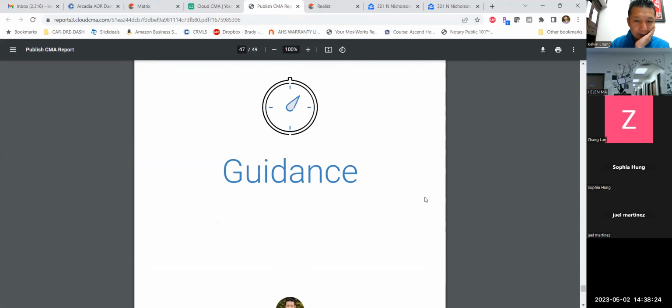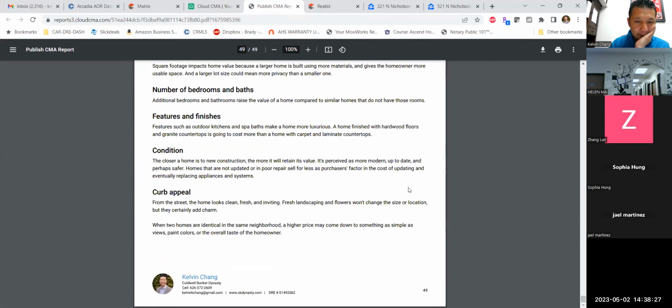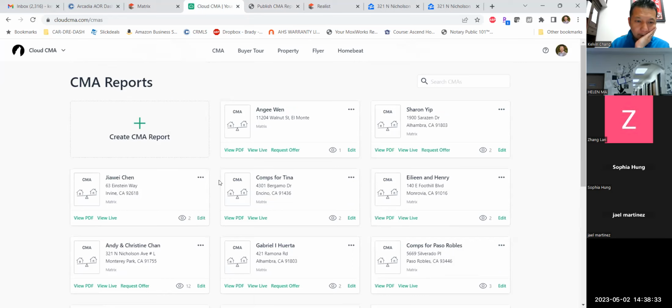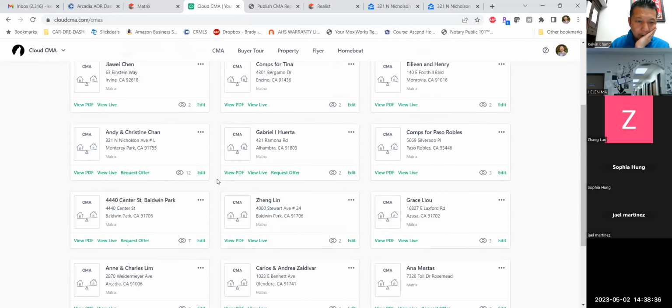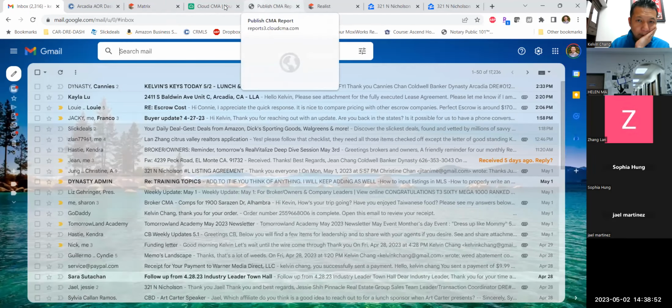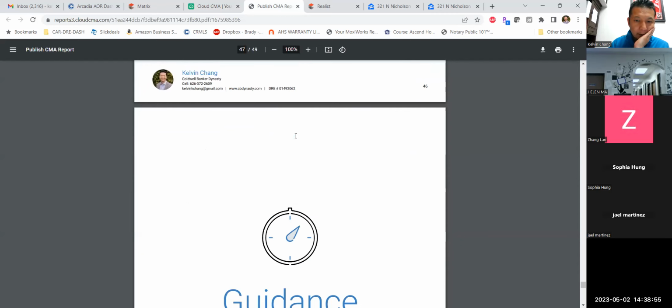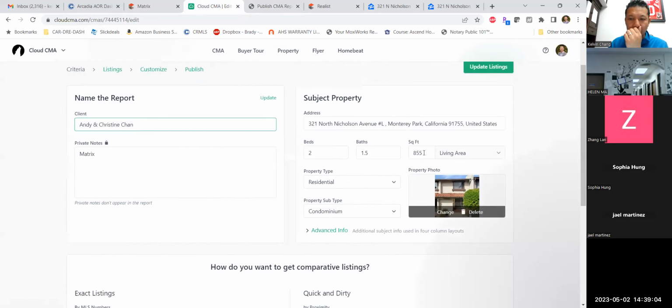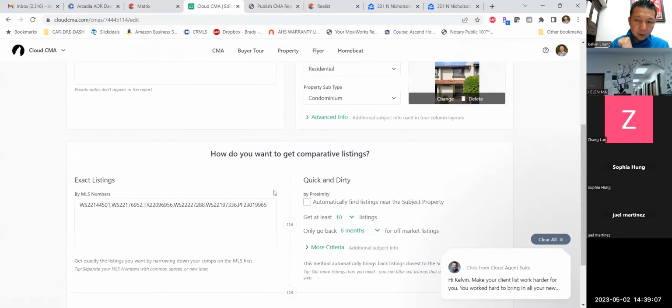But when it comes to value, let me find the page I'm looking for. So we're dealing with a 2-bed, 1.5 bath, 855 square feet.